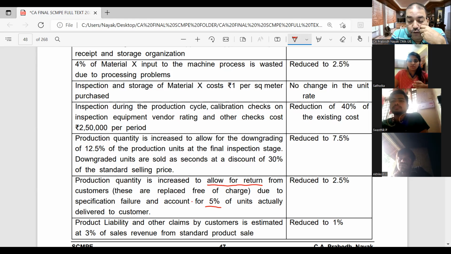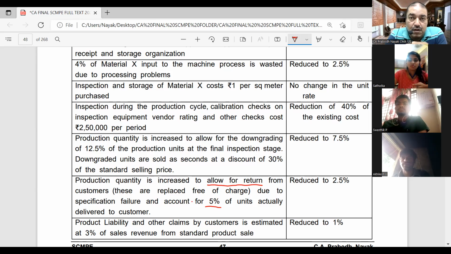After implementation, 5% reduces to 2.5%. 2.5% of 5,000 is 125. So before implementation of QMP, I used to produce 5,250 units, because I know that 250 units are going to be returned by customers and I have to replace those 250 units.